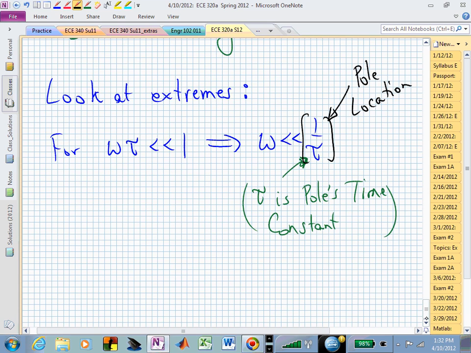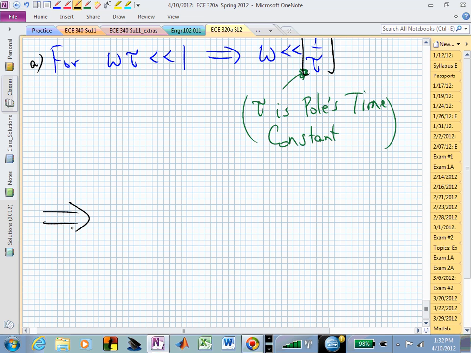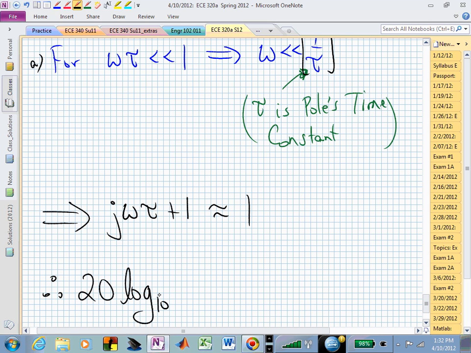So if we are under this scenario, let's say this is scenario A, for omega tau much less than 1, then we can say that j omega tau plus 1 as an expression looks pretty much like 1 if omega tau is much less than 1. So we're going to approximate that by 1. And that allows us then to say that the magnitude of this j omega tau plus 1 is approximately 20 times the log of 1.